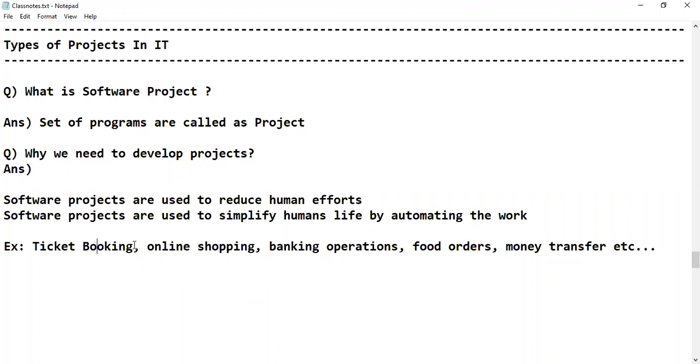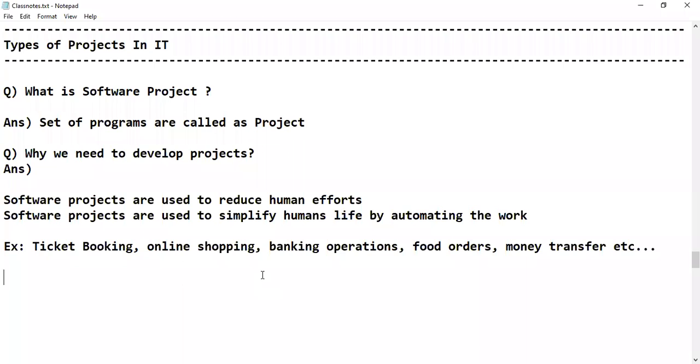These are the advantages of going for software projects. So by developing the software projects, we are reducing human efforts, and software projects are used to simplify the life of humans.